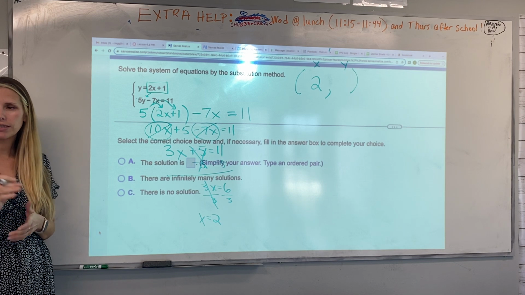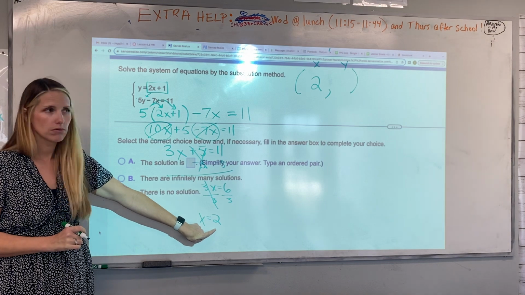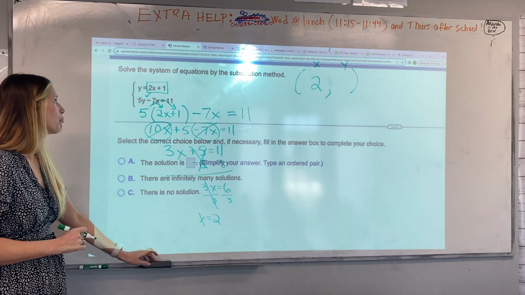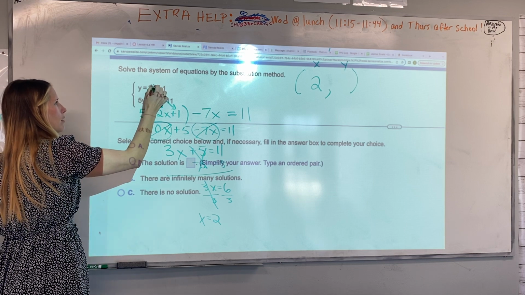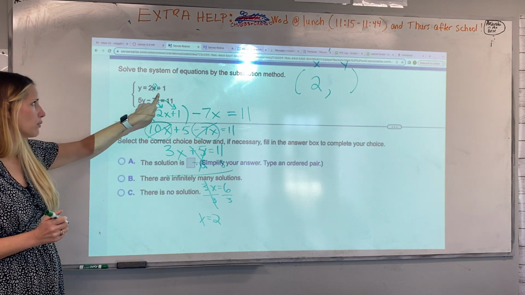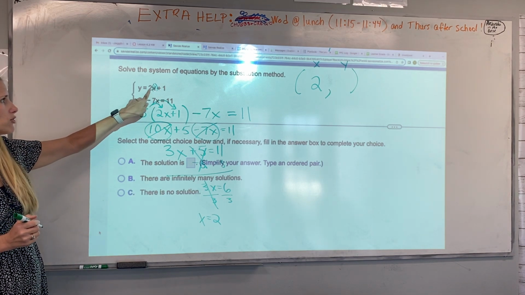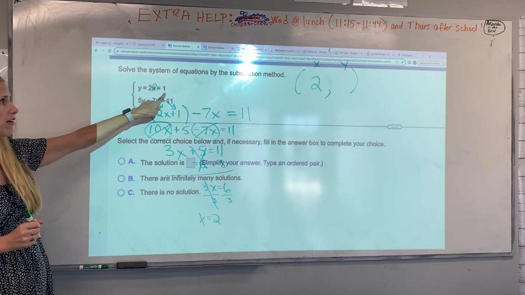Instead of doing that really complicated way, I can take my x value, that's 2, and plug it into this equation and substitute x with the value that I found. So I have 2 times 2 is 4, plus 1 is 5.